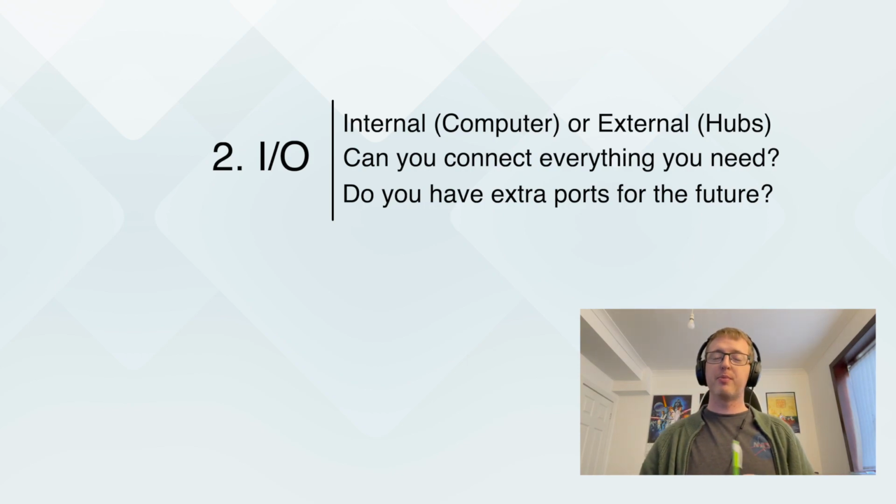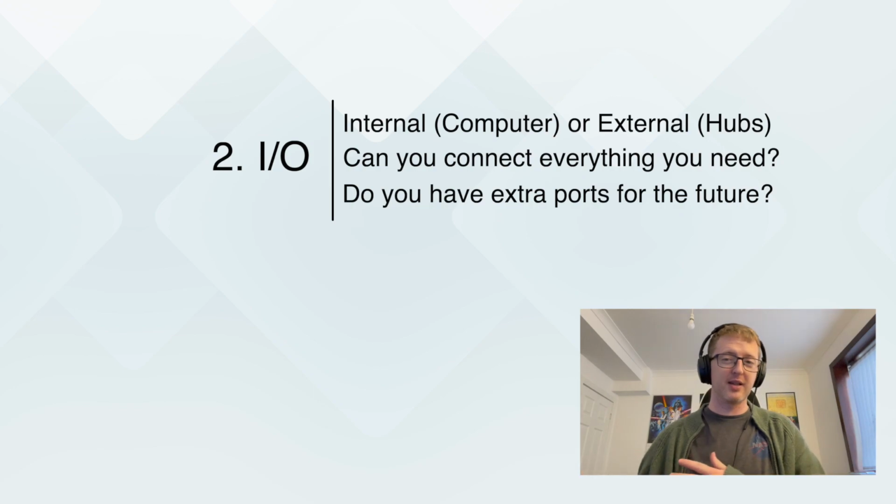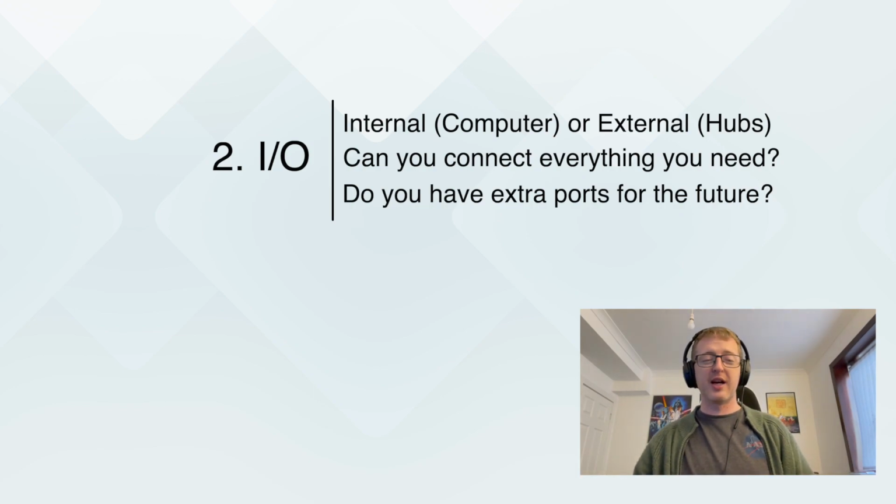You're going to probably plug in a whole lot of drives and different things, so you're going to want plenty of I/O options available to you. If you're running a NAS for network attached storage, then you might also want to consider having 10 gig Ethernet on the computer, or 2.5 at least, so that you can communicate with that network storage fast and quickly for your renders and exports and things like that.